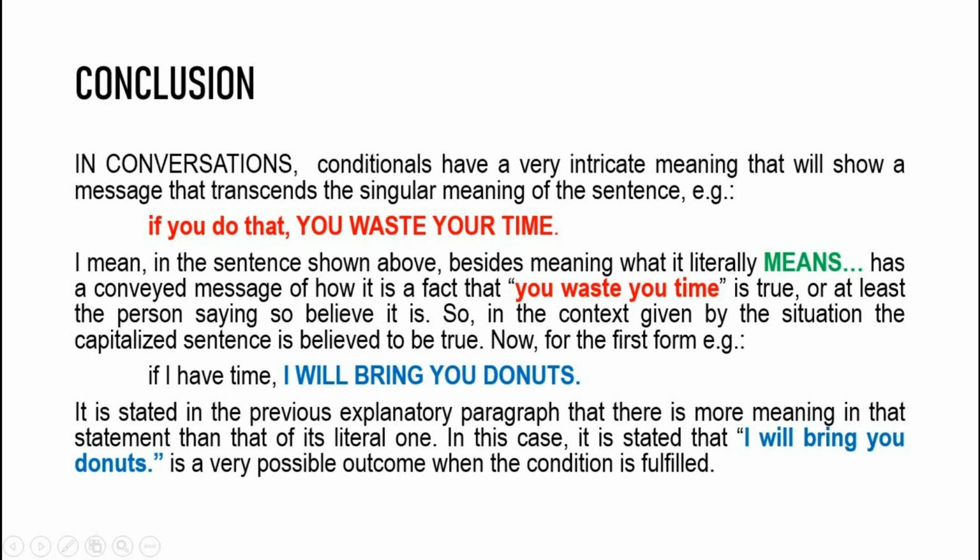So when this action becomes true, this is also a possibility. And the person using this sentence right here wants to say that when that condition happens, this sentence in blue is a very possible outcome, right? So it is a very positive impact on the person receiving the information.